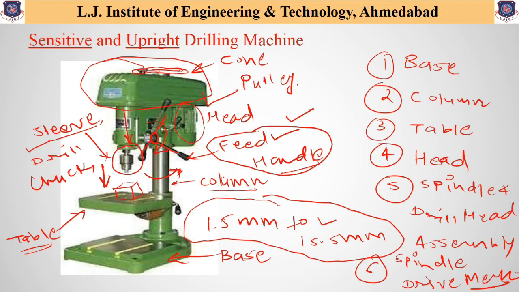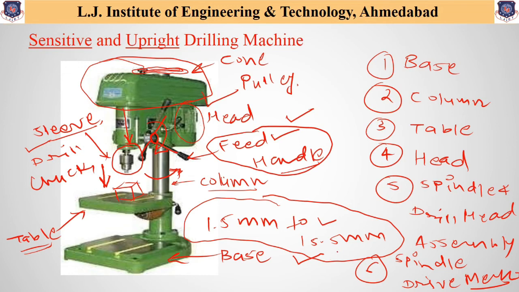So these are the main parts that are available in any of the drilling machines. And in the sensitive drilling machine, particularly, the mostly used drill bits are, again I am saying, in the range of 1.5 mm to 15.5 mm. So this is about the sensitive drilling machine.